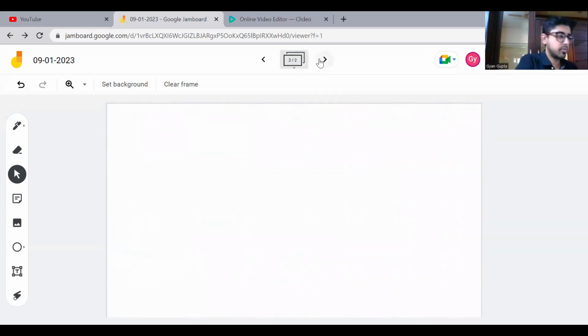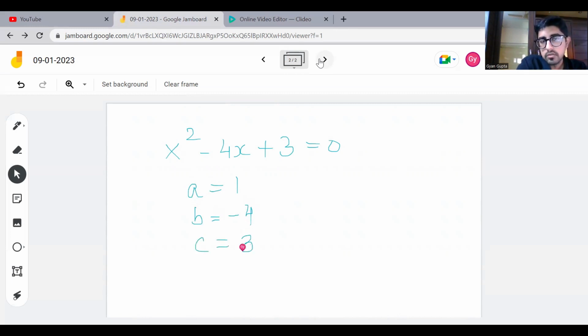Let's understand with an example. Let's say our quadratic equation is x square minus 4x plus 3 is equal to 0. Now, in this quadratic equation, a is equal to 1, b is equal to minus 4, c is equal to 3. These are all constants. These are all real numbers, and a is not equal to 0. Let's see what happens when I put x is equal to 3.